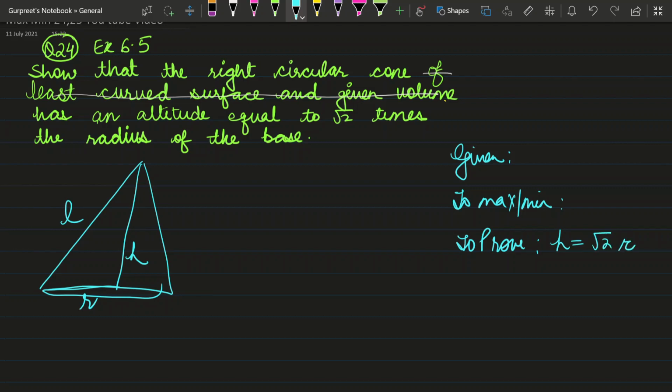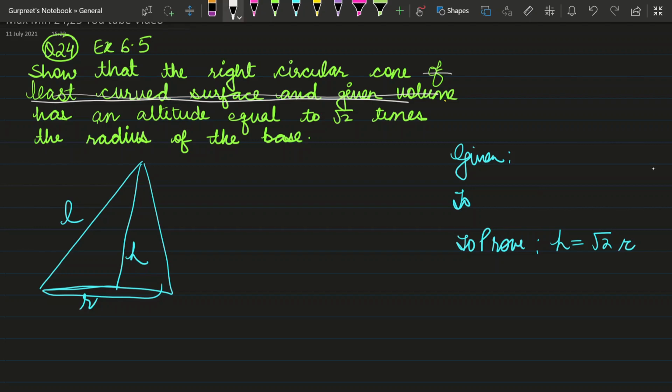Okay, now the phrase which I removed was actually the description about the cone. I'm reading the one which I cancelled out, right? This white underlined part, I'm reading this. Of least curved surface, of the right circular cone, it means the curved surface area of the cone should be least. So you have to minimize this.